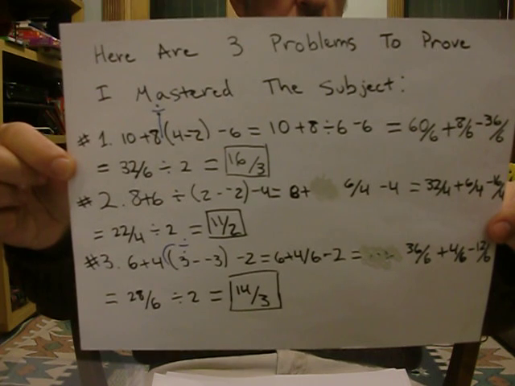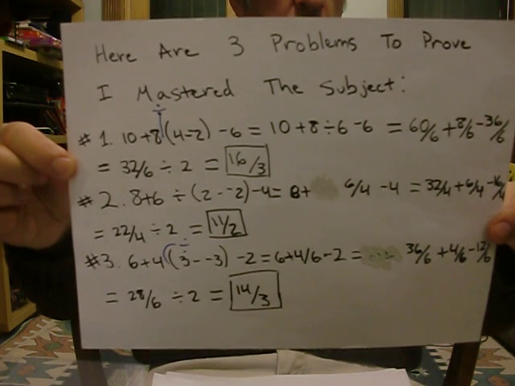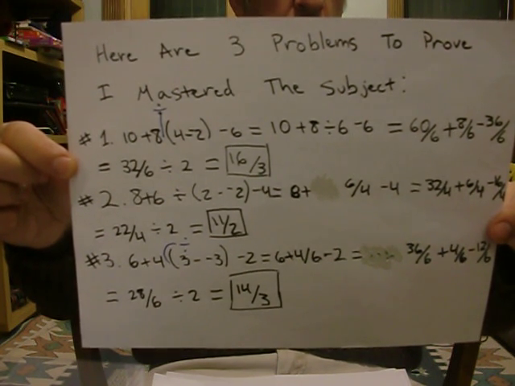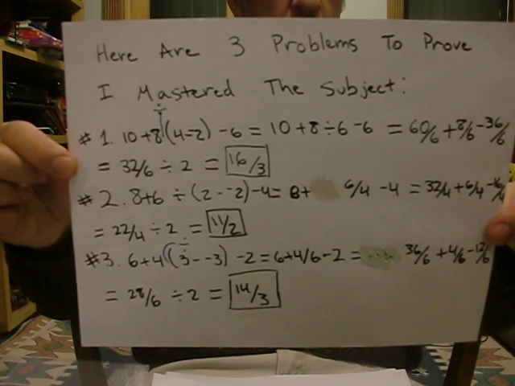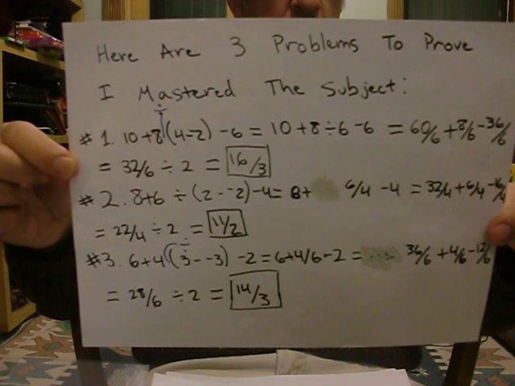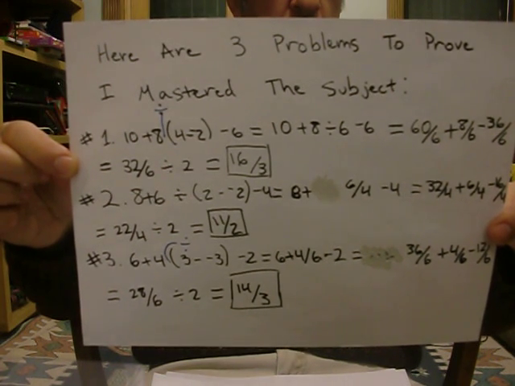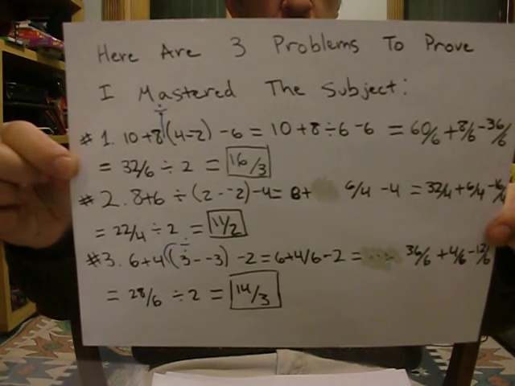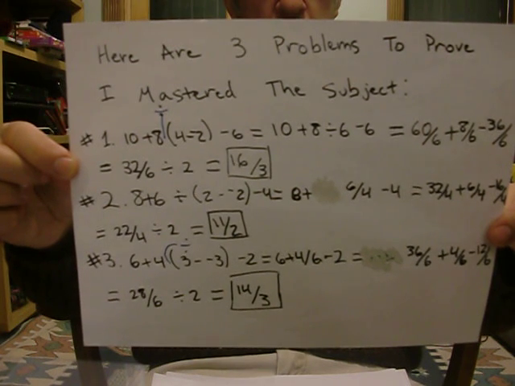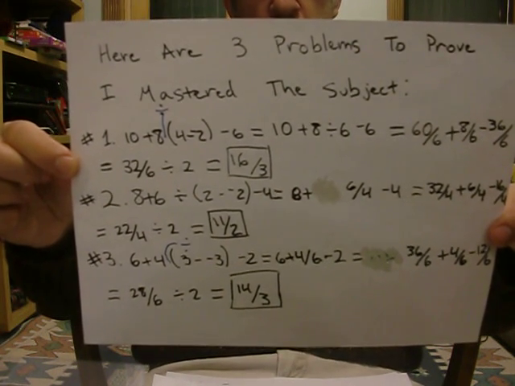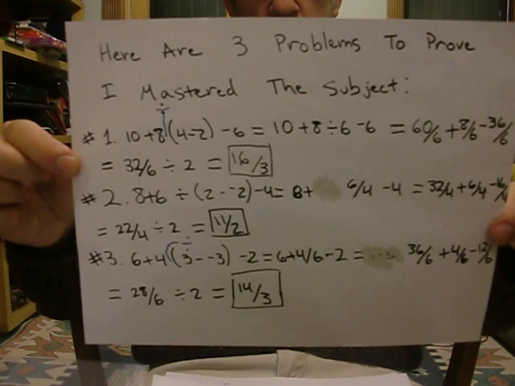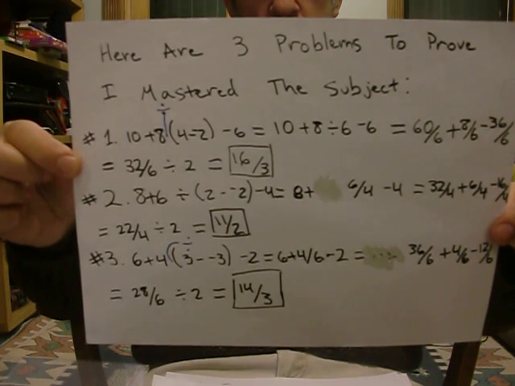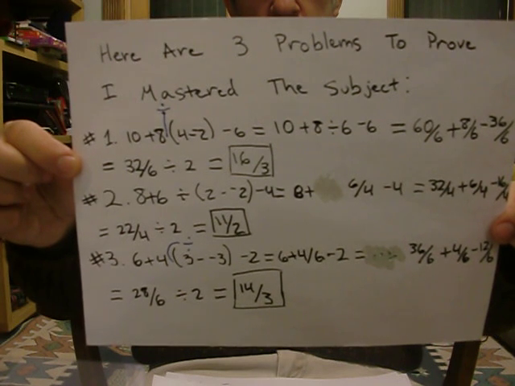So we multiply every fraction whose denominator is not 6 by 6. So we get 60 over 6 plus 8 over 6 minus 36 over 6, which equals 32 over 6. Divided by 2 to simplify equals 16 over 3, which is your final answer.